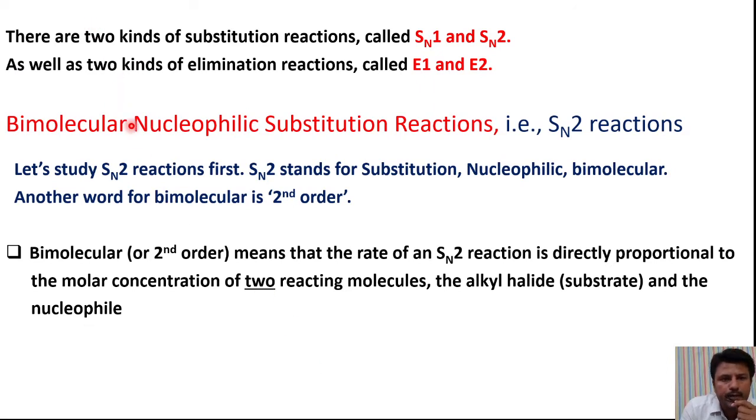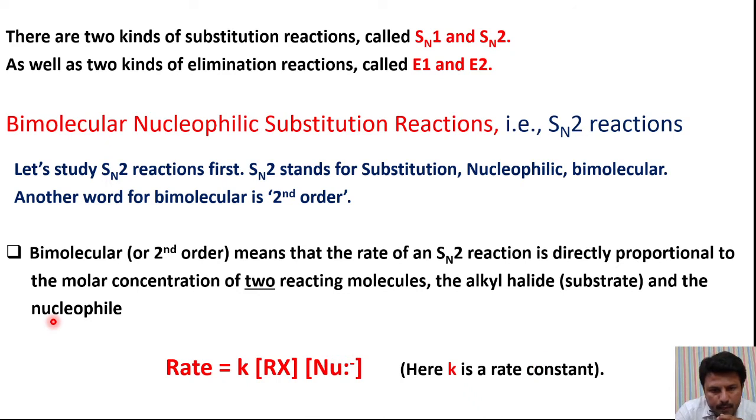Coming to bimolecular nucleophilic substitution reactions, that is SN2 reactions. Here S stands for substitution, N stands for nucleophilic, 2 stands for bimolecular. These reactions are also said to be second order substitution reactions, since the rate is directly proportional to the molar concentrations of both reacting molecules, alkyl halide and nucleophile.